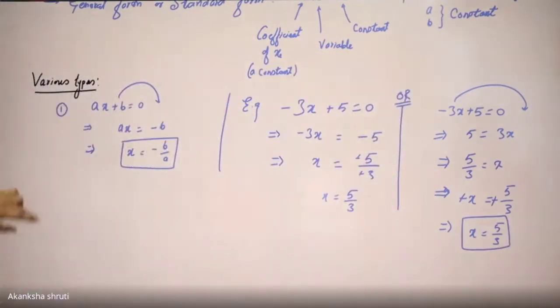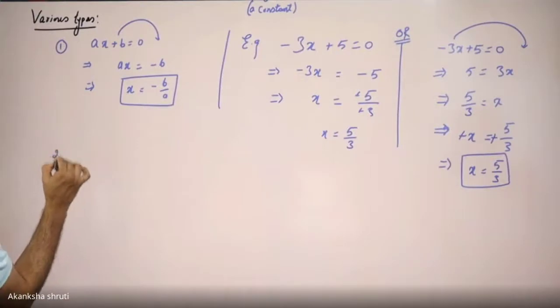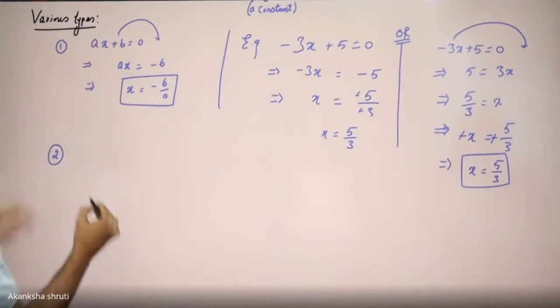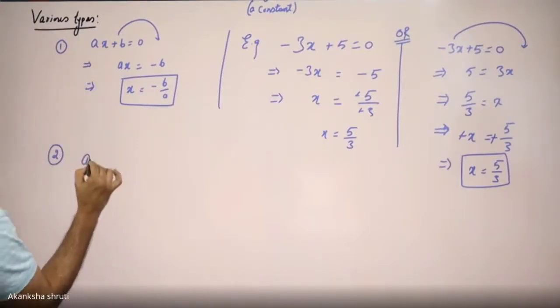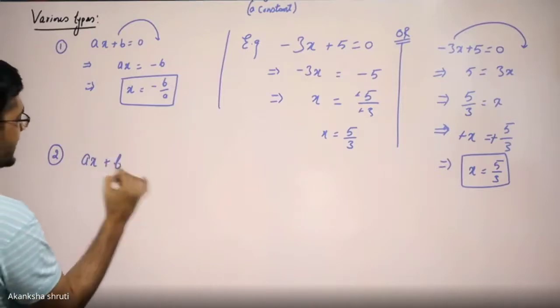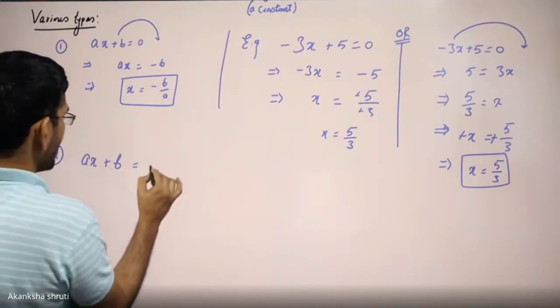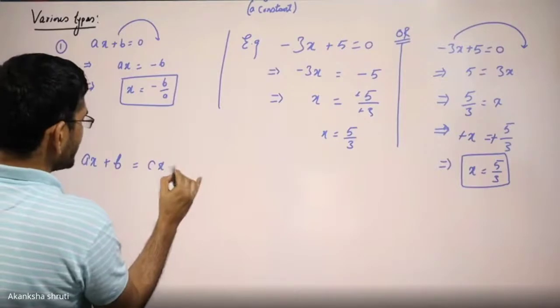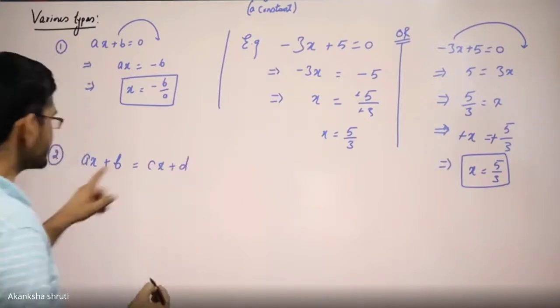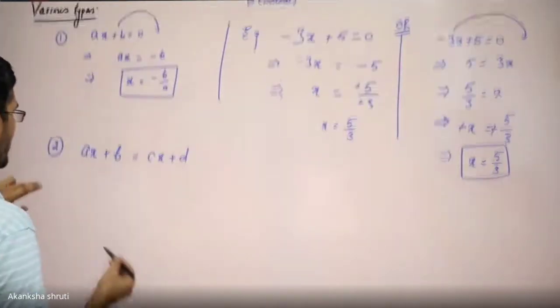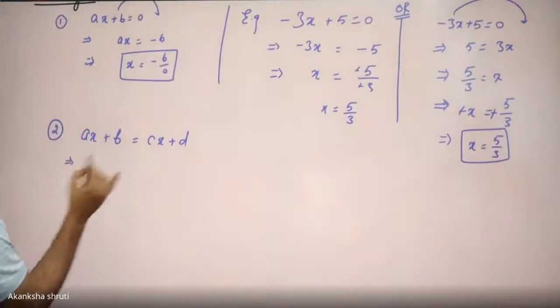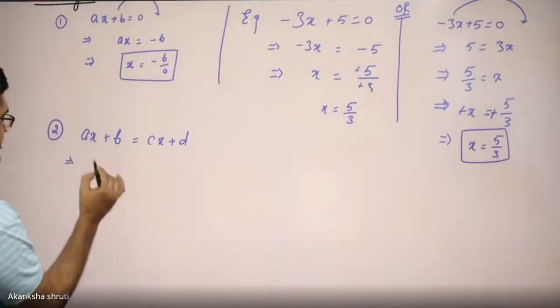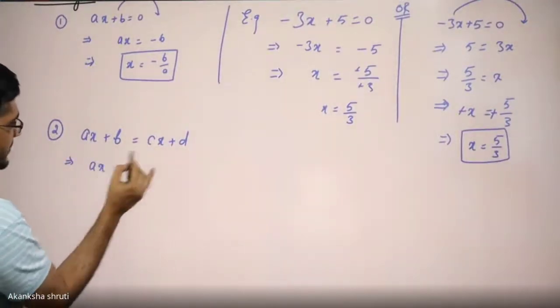Students, the second type that we had learned was where x may be at different places. Say ax plus b equals cx plus d, meaning x is on both sides. For such an equation, we collect the x on the same side, meaning on a single side.